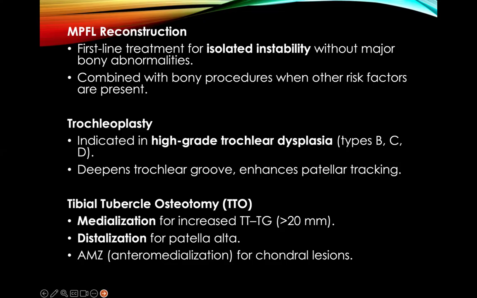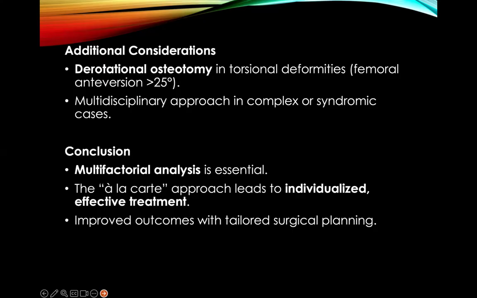Trochleoplasty is indicated in high-grade trochlear dysplasias, typically types B and D. It deepens the trochlear groove and enhances patellar tracking. Tubercle osteotomy is medialization for increased TTTG distance and distalization for patella alta. Additional considerations: derotation osteotomy for torsional deformities, femoral anteversion more than 25, for example, and a multidisciplinary approach in syndromic or complex cases.